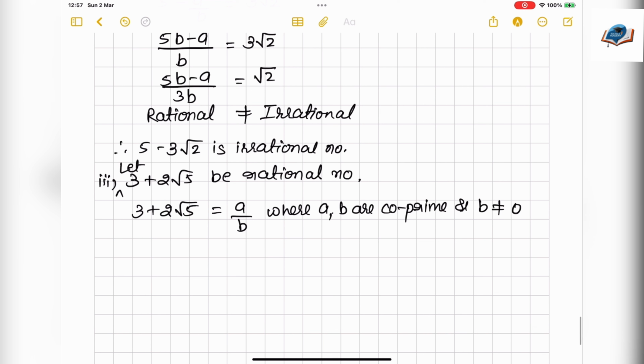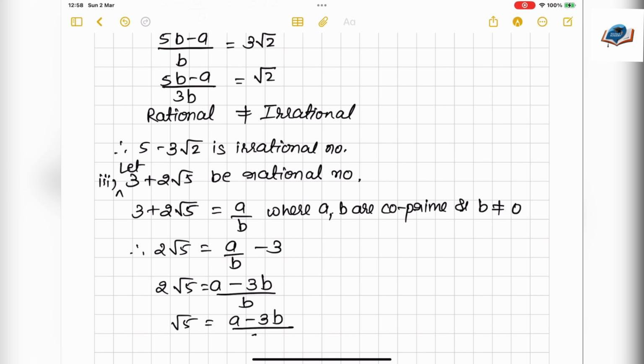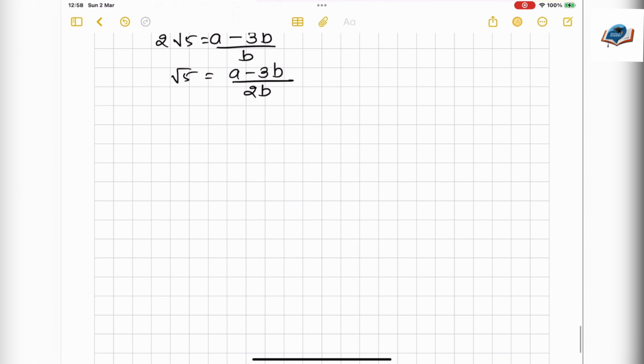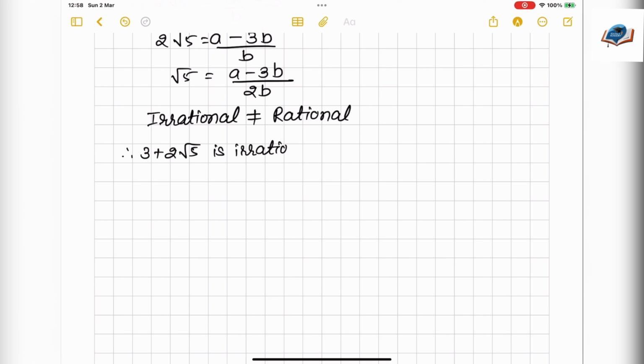So therefore 2 root 5 will be equal to A upon B minus 3. So 2 root 5 equal to A minus 3B upon B. So root 5 equal to A minus 3B upon 2B. So I can say that irrational is not equal to rational. Therefore 3 plus 2 root 5 is an irrational number.